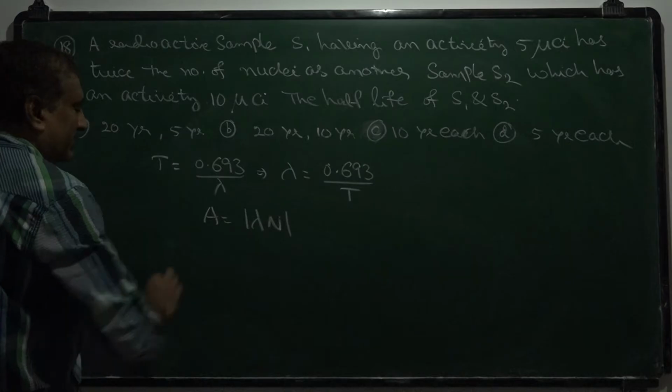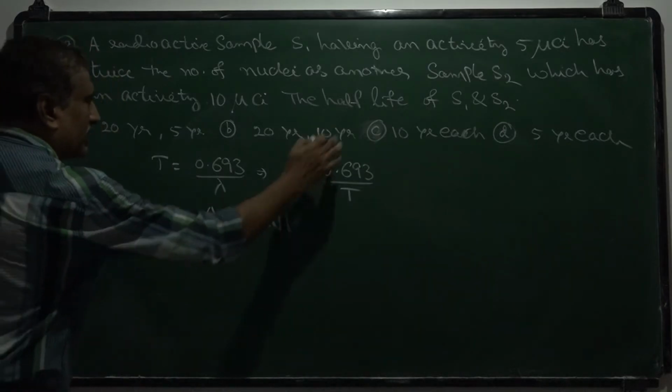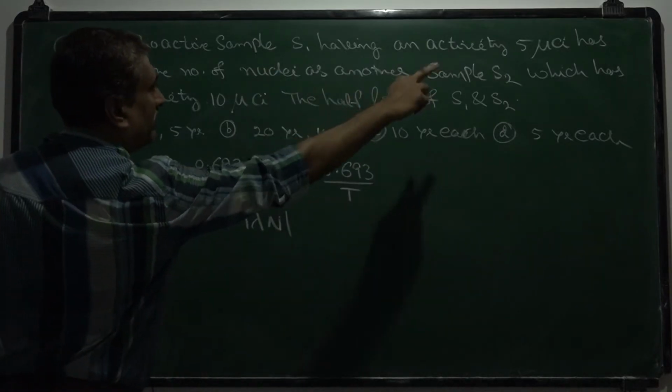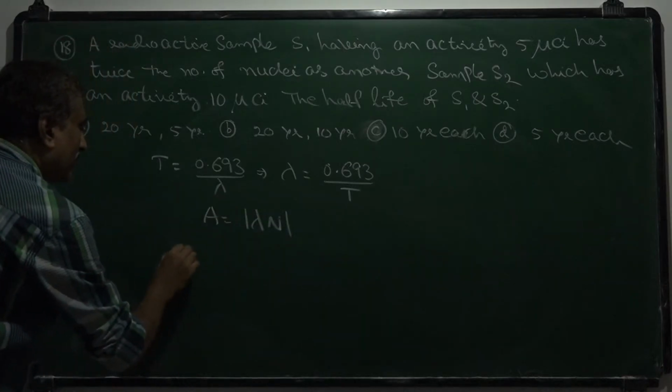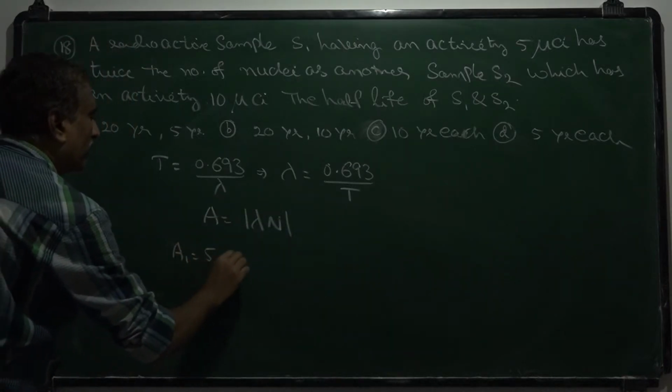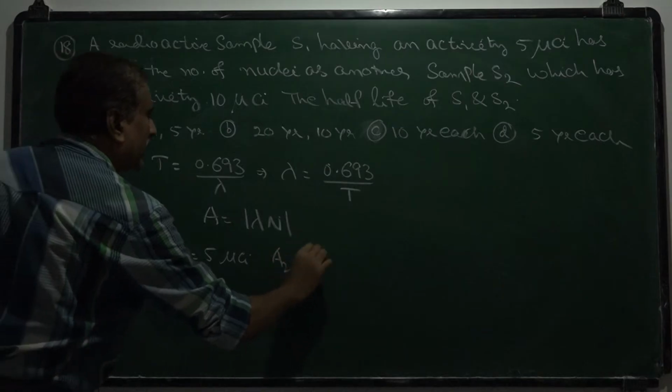So for the first one the activity is 5 microcurie, so A1 is equal to 5 microcurie, A2 is 10 microcurie.